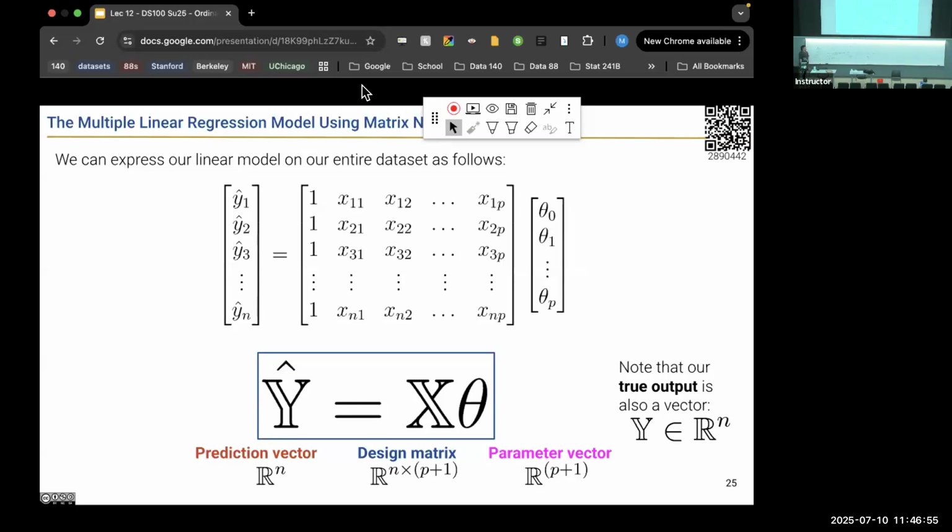So when you multiply X and theta, you get an n by 1 matrix, a vector with n entries. That's exactly what y hat is. So make sure you check all the dimensions. I didn't do a good job of writing them according to size, because this looks the same as this, but this has p plus 1 entries, and this has n entries.